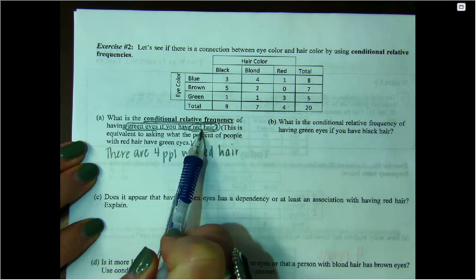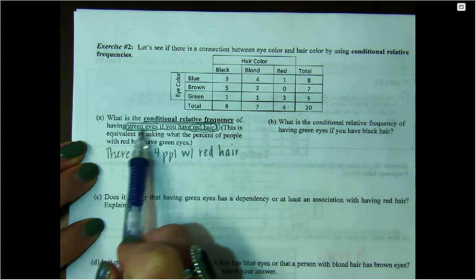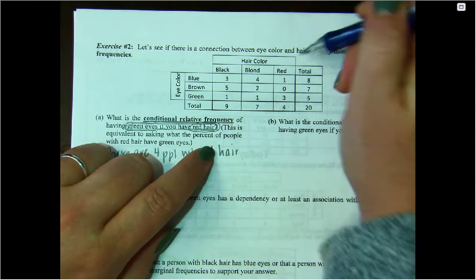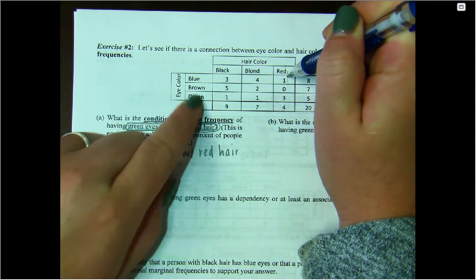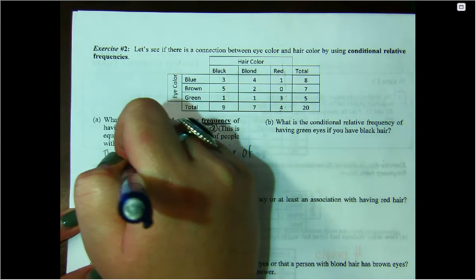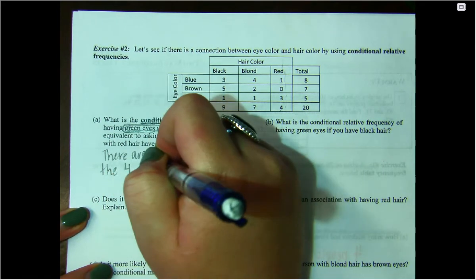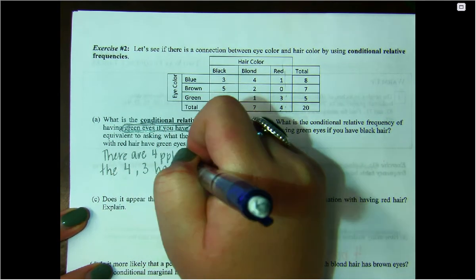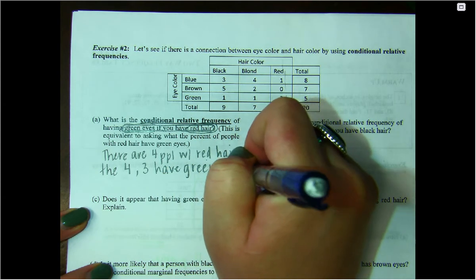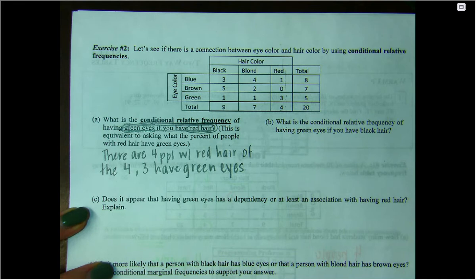Now, how many of those people who have red hair have green eyes? So of this total of red-haired people, okay, green eyes, okay, of the 4, 3 have green eyes. Okay, so what does that look like as a percentage?